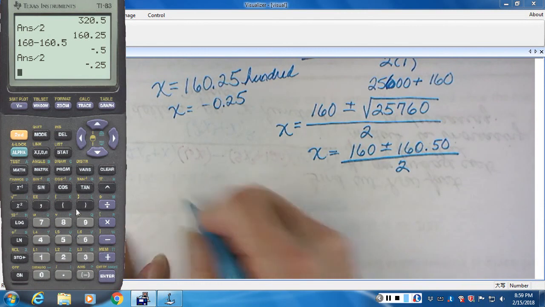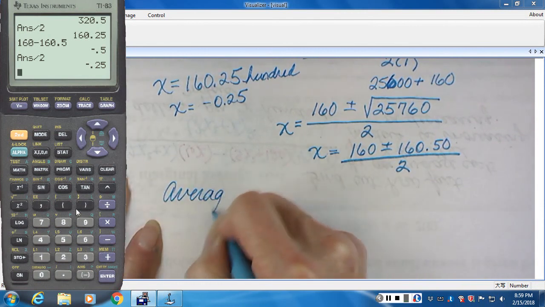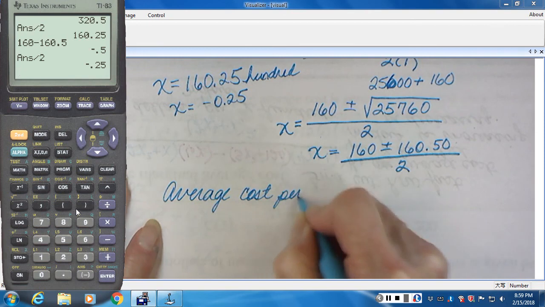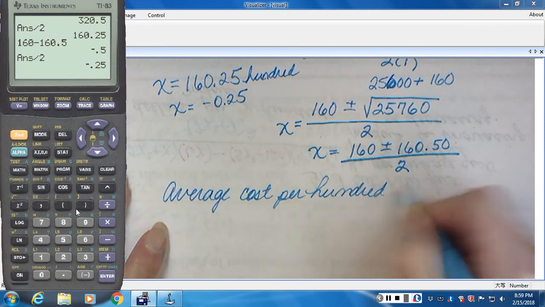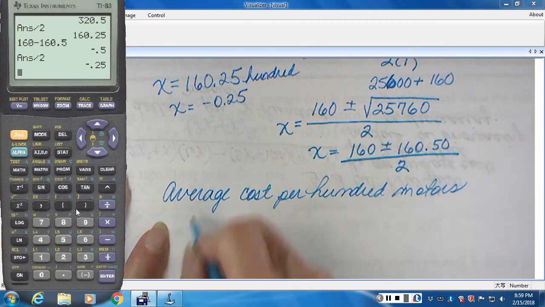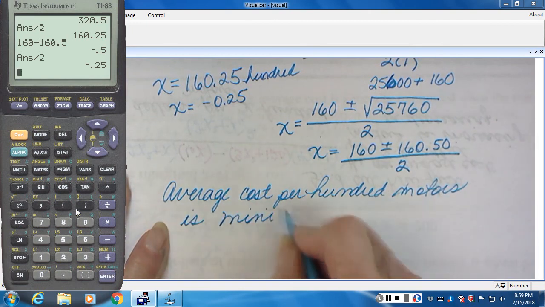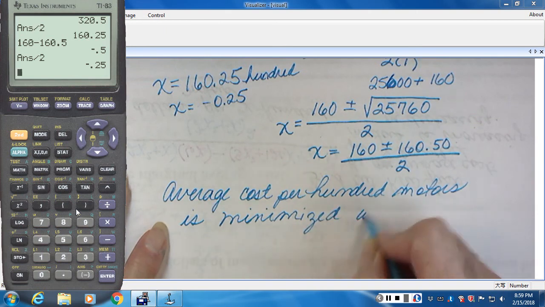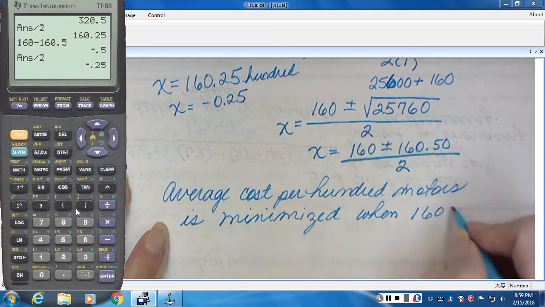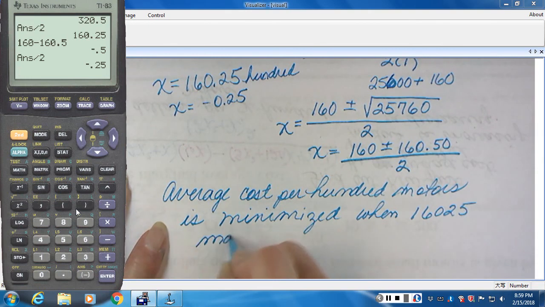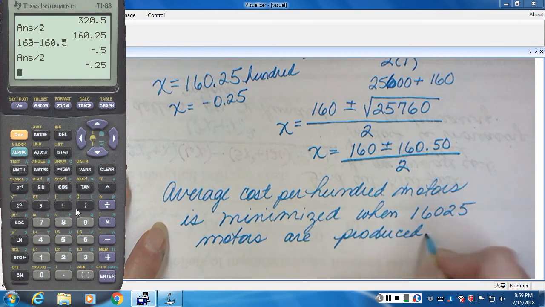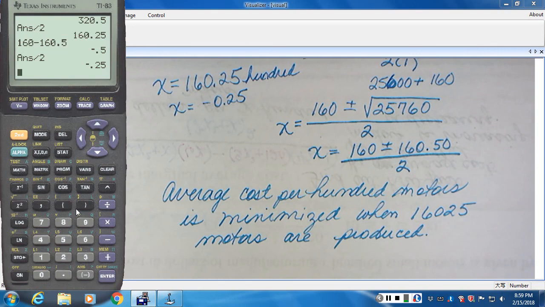Therefore, the average cost per 100 motors is going to be minimized when you make 16,025 motors, because that was 160.25 hundred motors. Does that make sense?